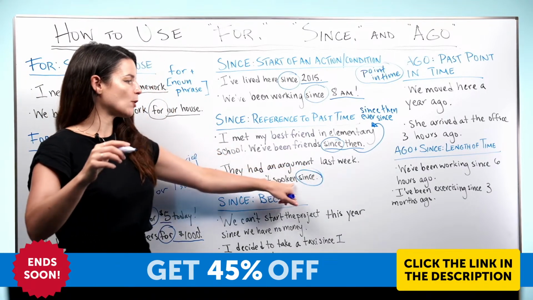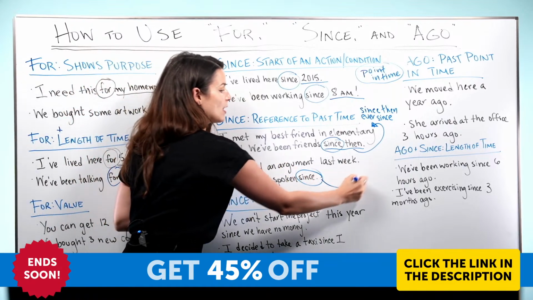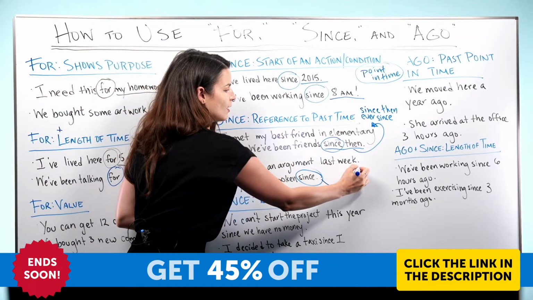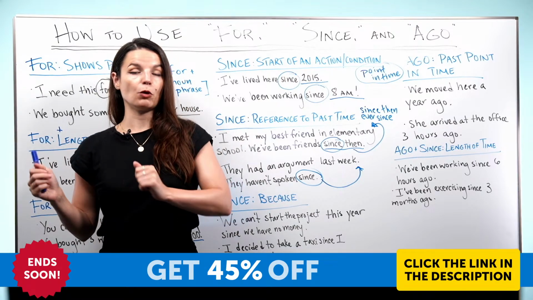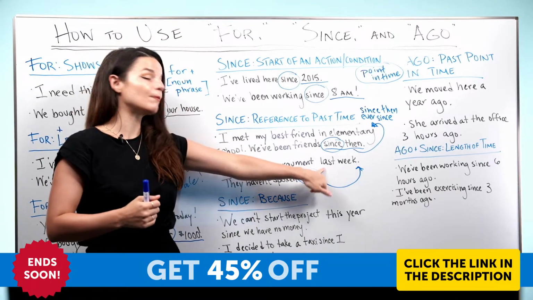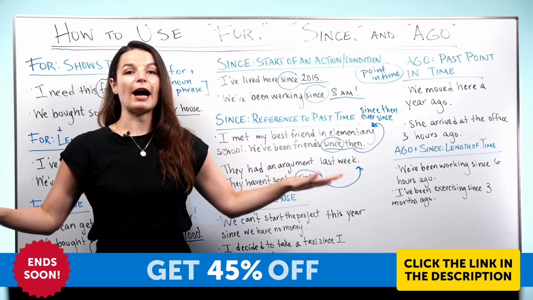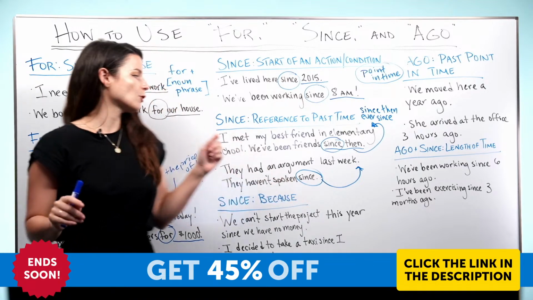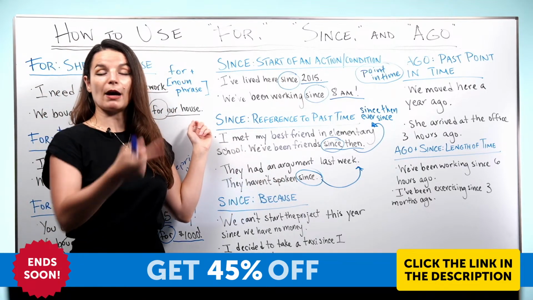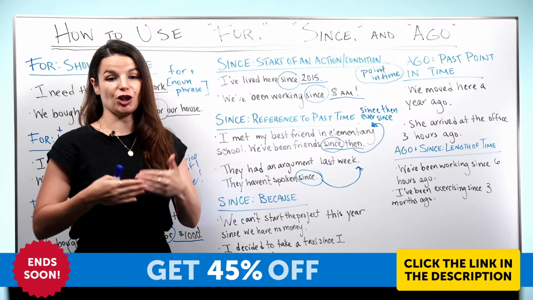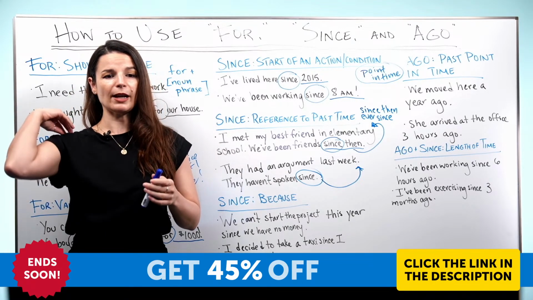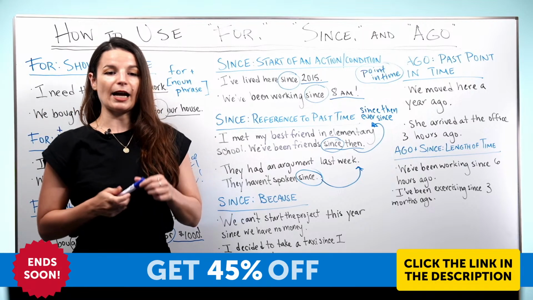And then they haven't spoken since means since the argument last week, yeah? So again, this means since that point in time, starting from the argument last week, they have not spoken, okay? So we can use since to talk about these past points in time in this way, to show the relationship, okay? All right, then let's continue to the last one here.